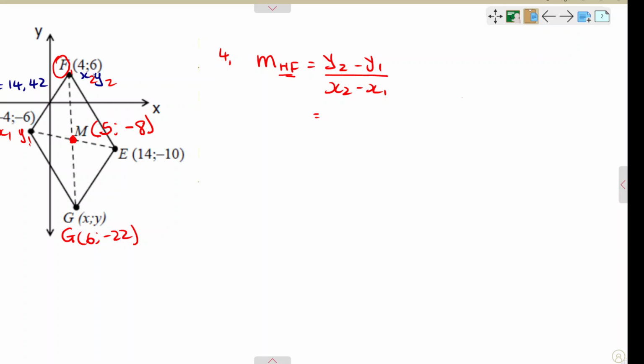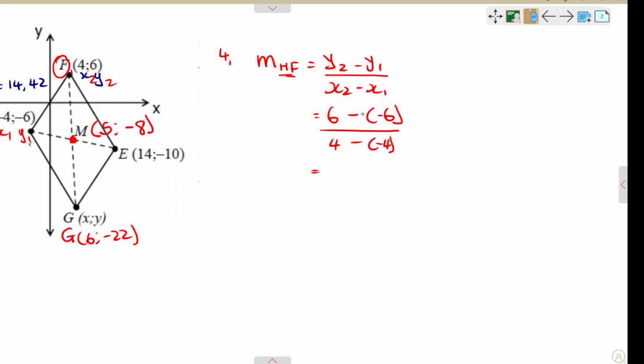So let's look at y2. We said y2 is the F coordinate, so it's the 6, minus y1, which will be that of H, negative 6. Then we're going to divide by x2. x2 is the x of F, which is 4, minus x1, which is the x coordinate of H, negative 4.